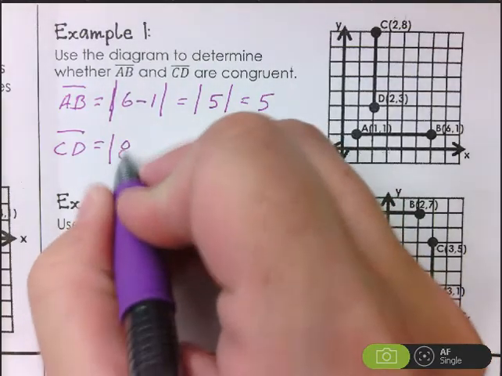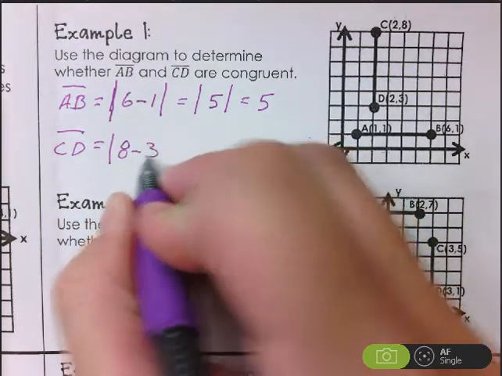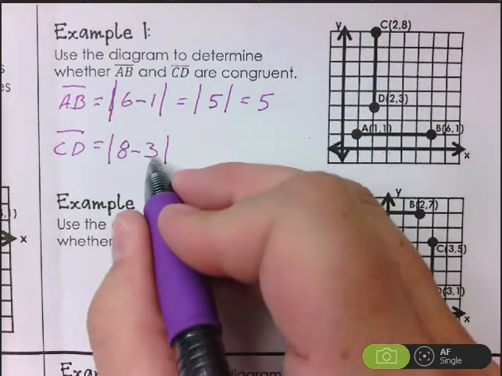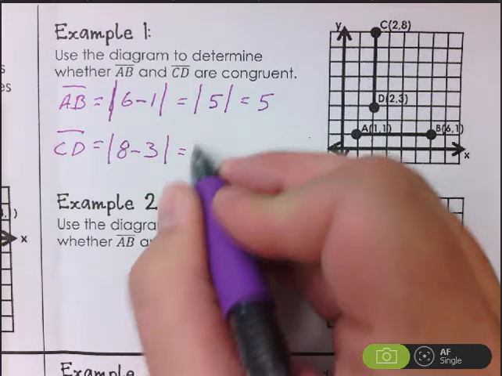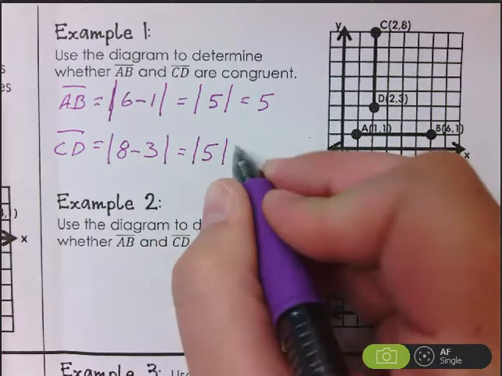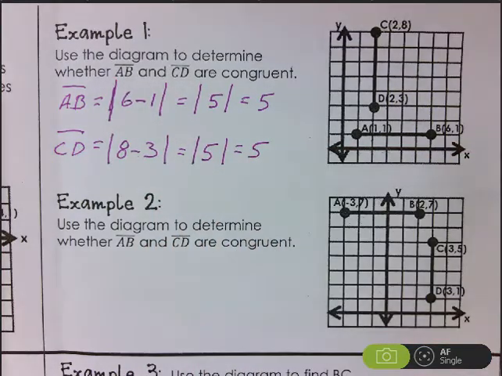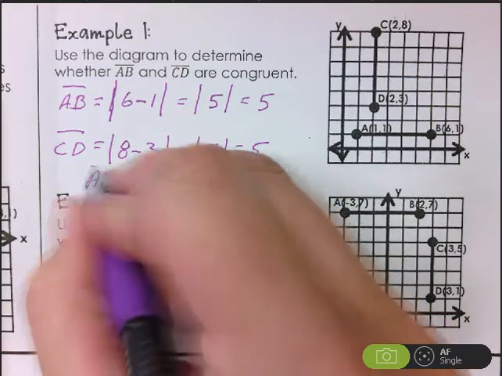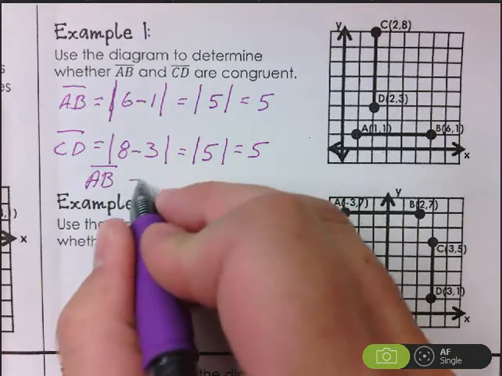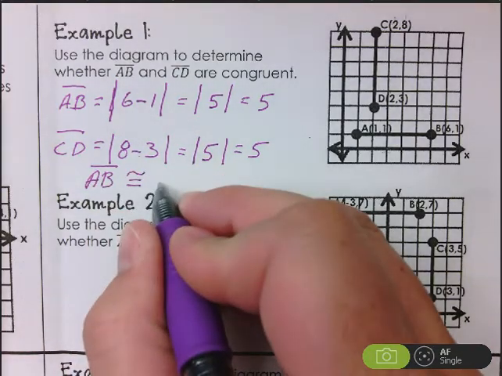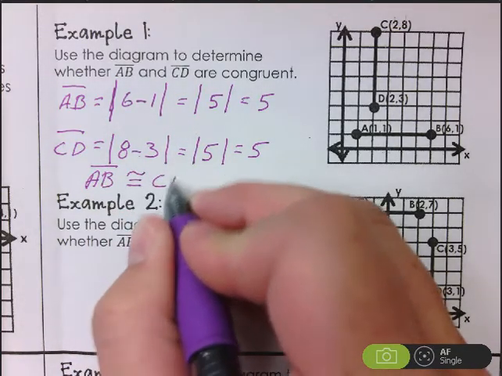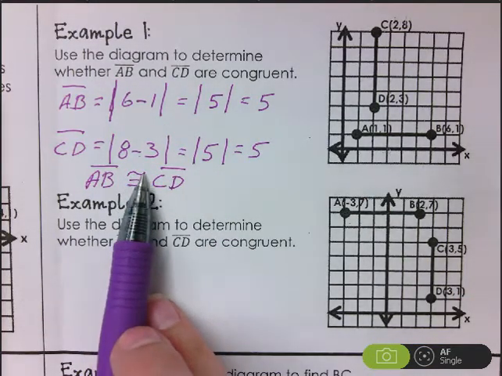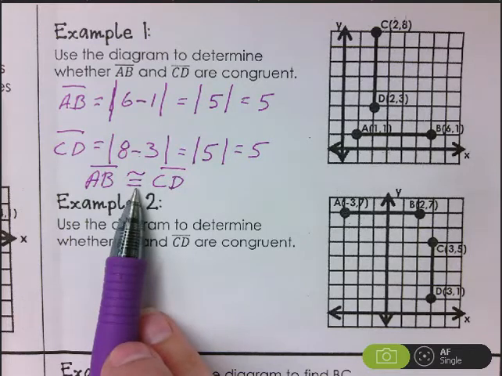So I'm going to go 8 minus 3, and close my absolute value symbol. 8 minus 3 gives me 5, and the absolute value of 5 is still 5. So we know that segment AB is congruent to CD. The congruency symbol looks like an equal sign with a little squiggle over the top of it, and that means congruent.